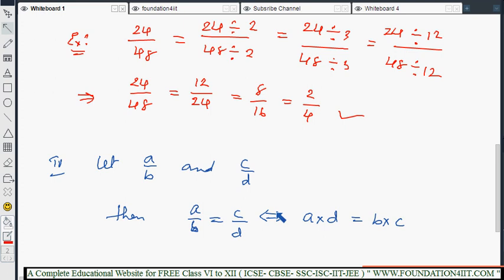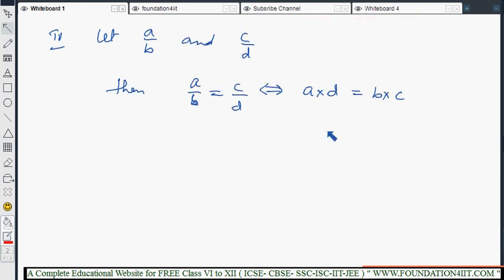So in the exercise they will give some fractions, and we need to write equivalent fractions. Let us see a few examples. To write equivalent fractions, we'll use the first and second properties. For example, write 3 rational numbers equivalent to 2 by 5.